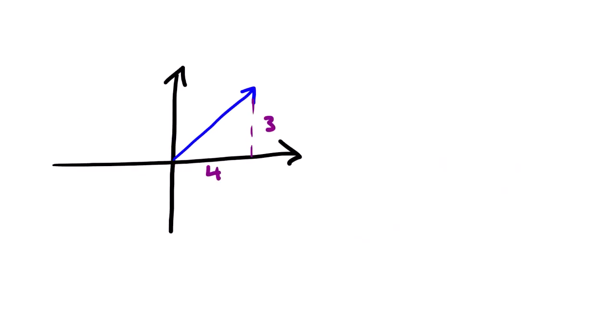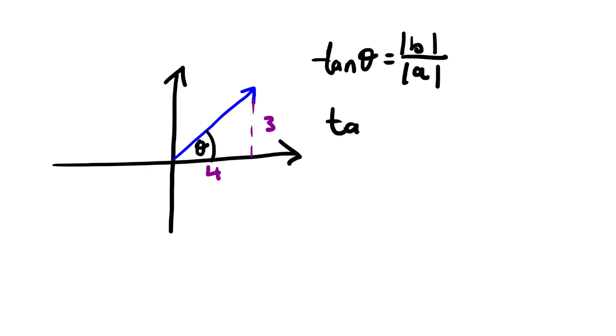Now, considering the example that we talked about, to find this angle, which is our argument, we are going to use tan theta equals the absolute value of b over the absolute value of a, meaning that we only consider the positive signs. So tan theta equals 3/4.